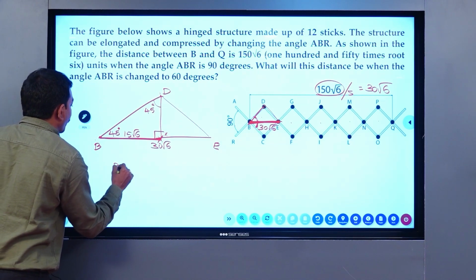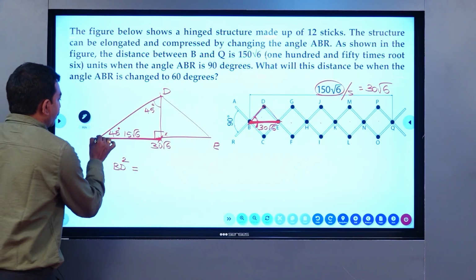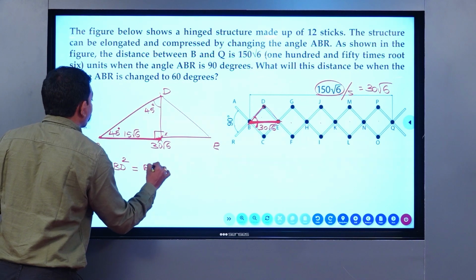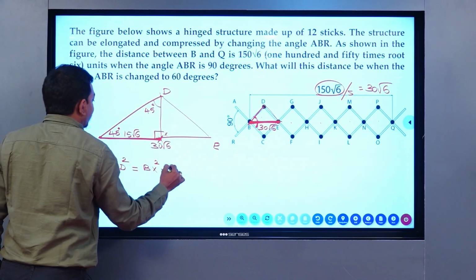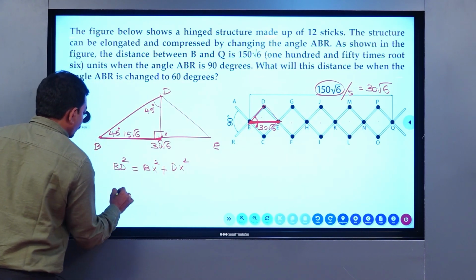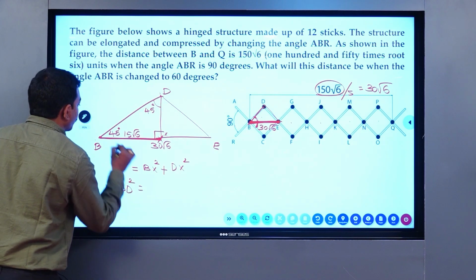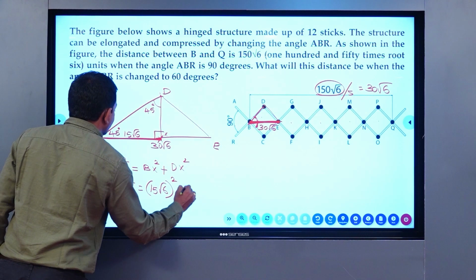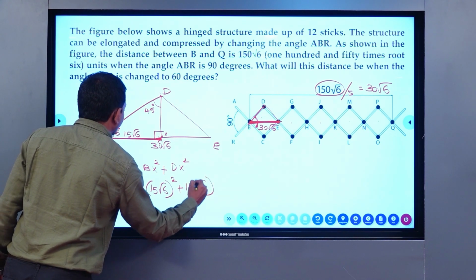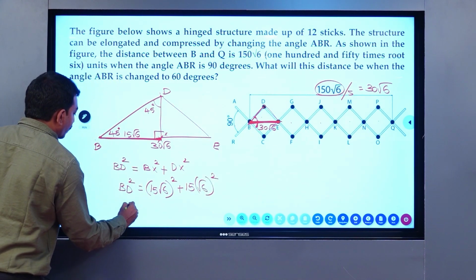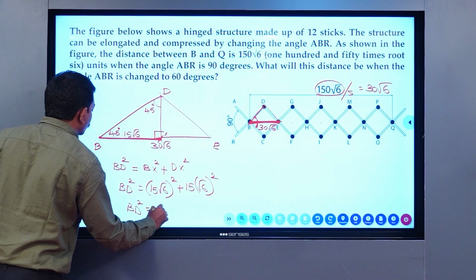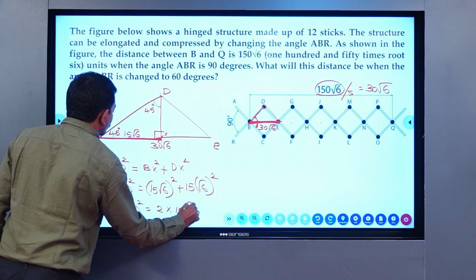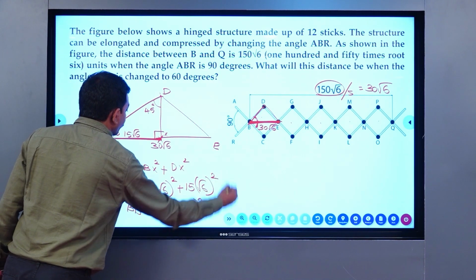So, hypotenuse square, BD square, is equal to BX square plus DX square. BD square is equal to 15 root 6 whole square plus 15 root 6 whole square. There are 2 terms, so BD square is equal to 2 into 15 root 6 whole square.